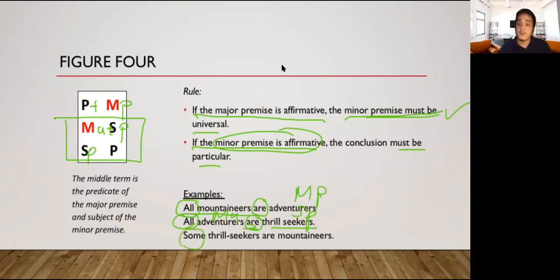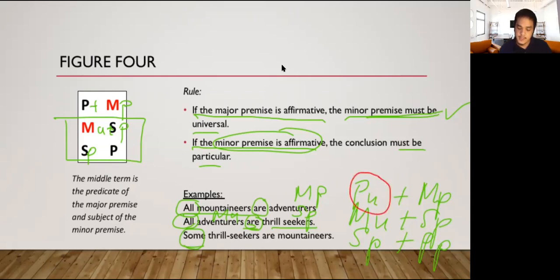So let's form the schema here. PU plus, MP, and then MU plus, SP, then SP plus, PP. Okay, let us discuss the validity of the terms. PU to PP, is that valid? It is from universal to particular.